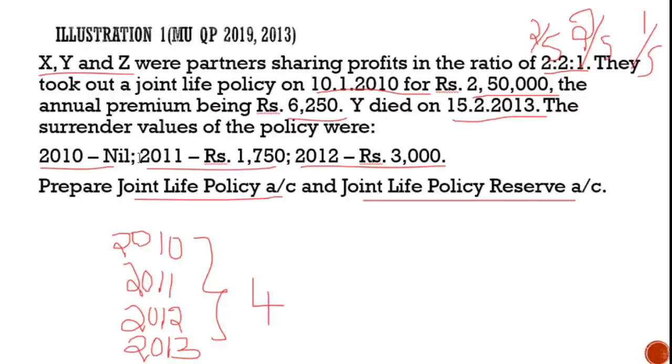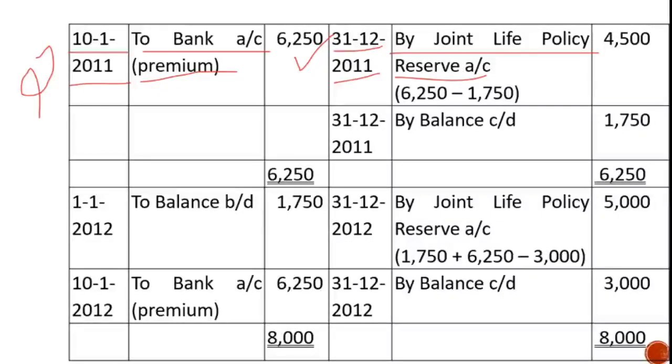So what is the surrender value at the end of 2011? It is 1,750. So you deduct 1,750 from the annual premium amount. So 6,250 minus 1,750 is 4,500.